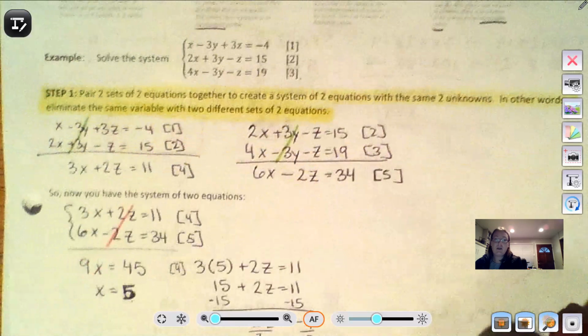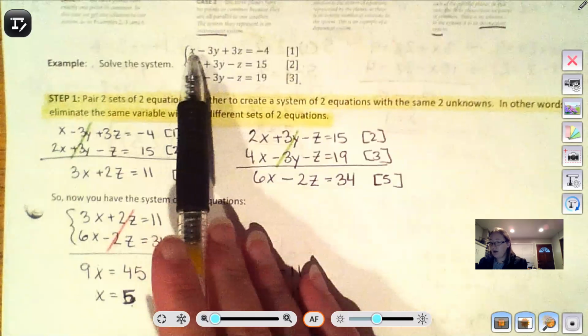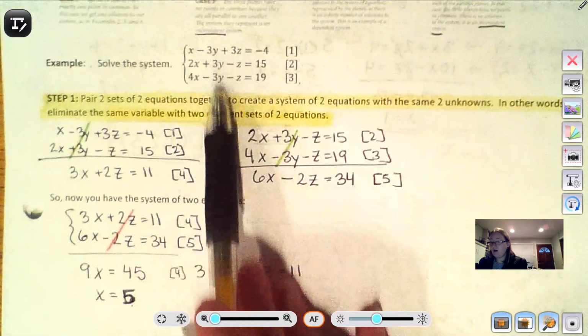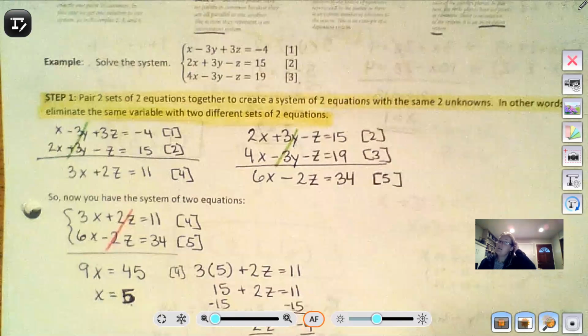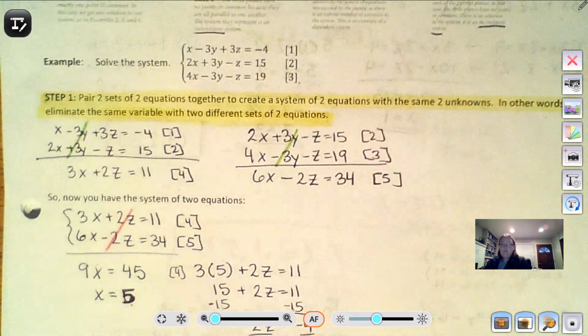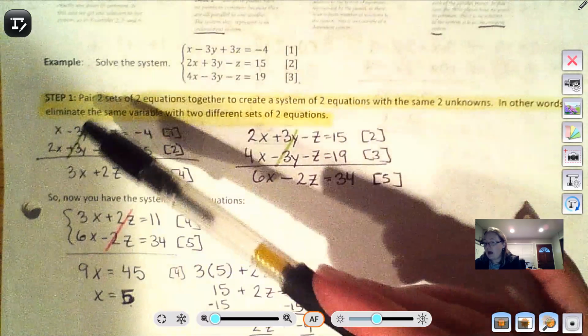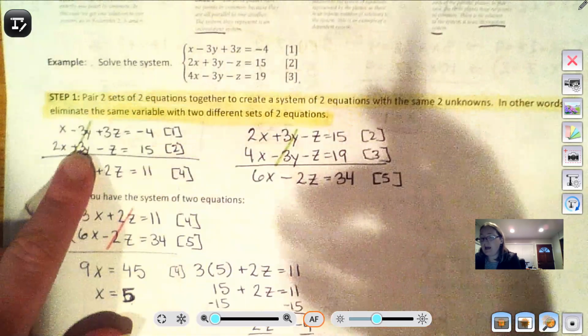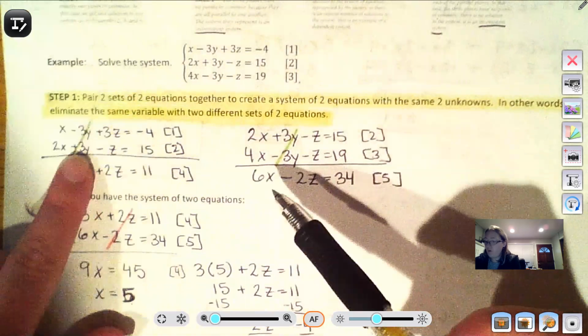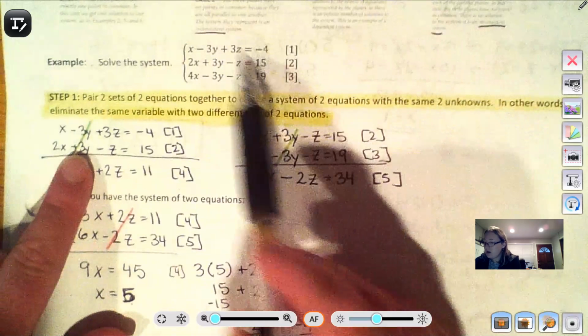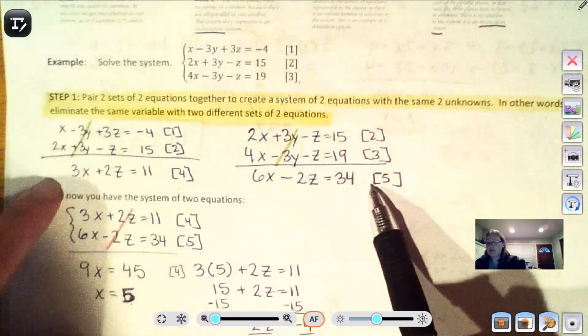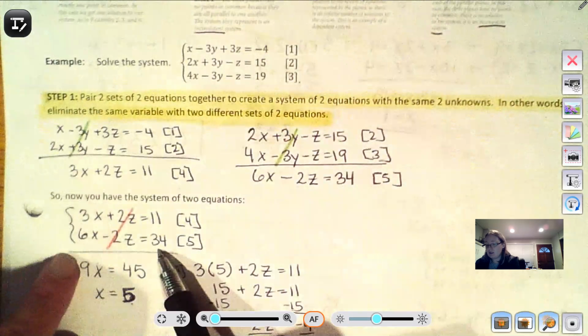So with a system of three, you're given three equations with three different unknowns, and we can't handle that. So what we do is we take two at a time and get rid of the same variable. So either you get rid of x's, y's, or z's for two pairs, and that creates then a system of two, which we now know how to deal with.